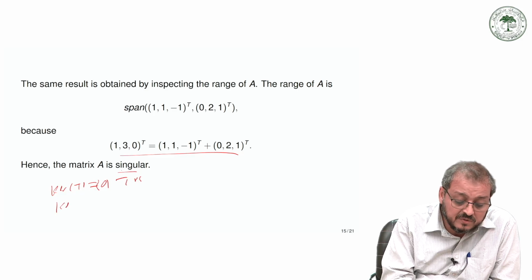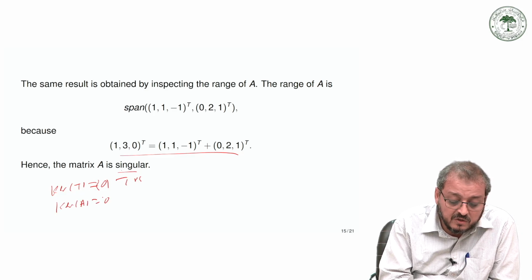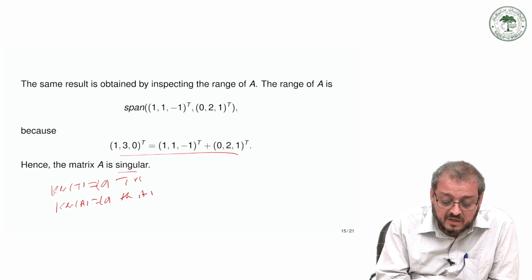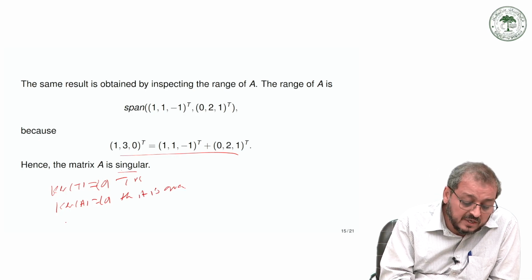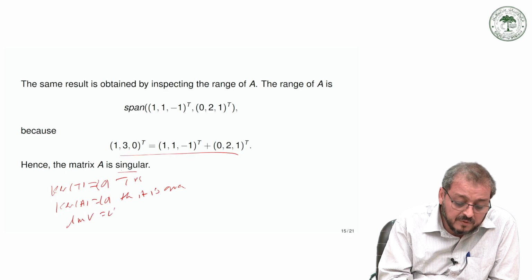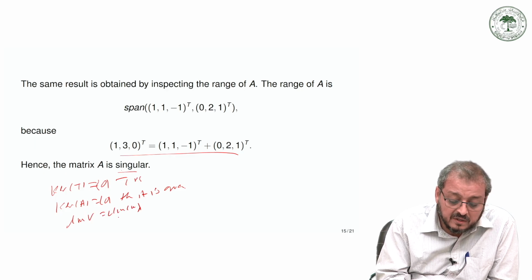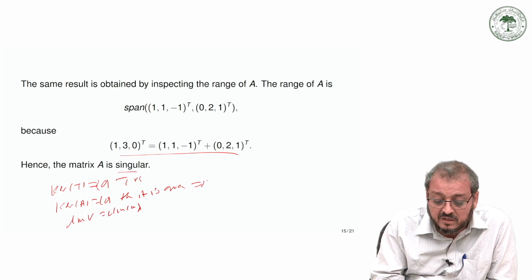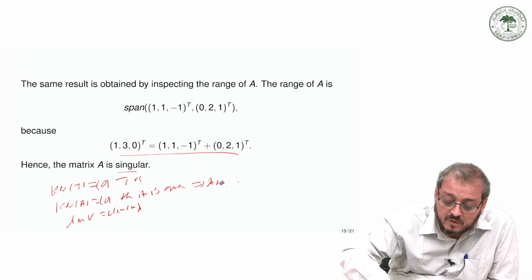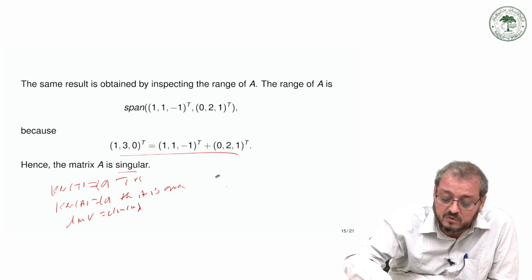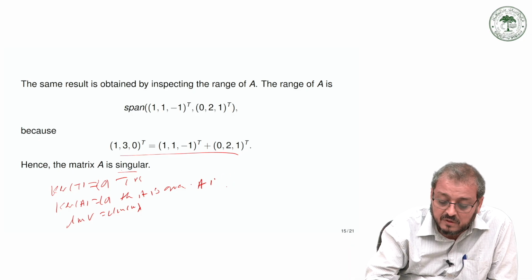Here it is also the same thing. If the kernel of A is equal to 0, then this matrix A is 1-1, and also we know that the dimension of V is the same as the dimension of W. Then if T is 1-1, then A is also onto.